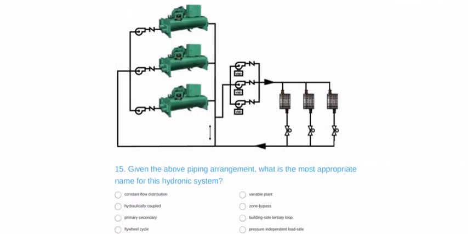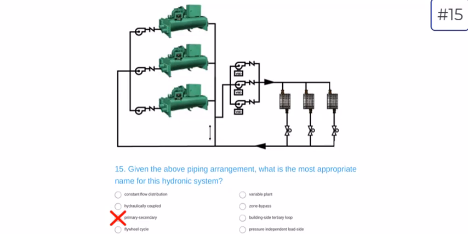And finally, last question is about configuration. With our system diagrams, it's very important that we can draw, read, and discuss the way that pieces of equipment are piped or ducted together into a system to understand its operation and how it can be improved. So without question, the best term for this chilled water system shown is not primary secondary. We could go through each of these and understand why we don't have reason to think that those terms or phrases apply here.